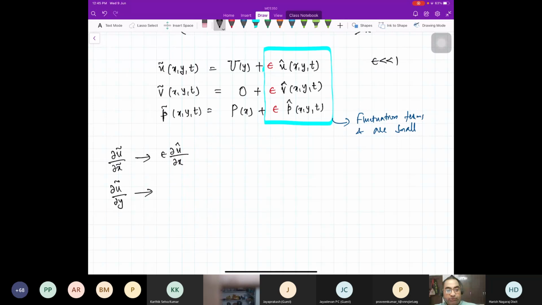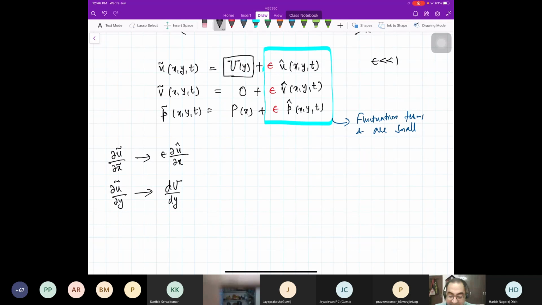I'm just taking the derivative. It will just become d capital U by dy. That's the first term, right? It won't be 0. Why would it be 0? U is changing with y, right?